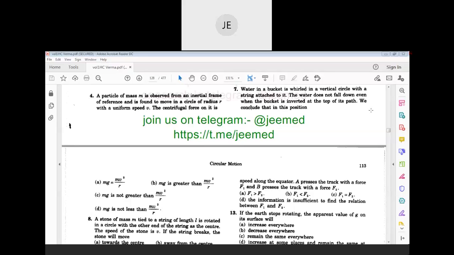Then the bucket is inverted at the top of its path. So we conclude that in this position, what happens?